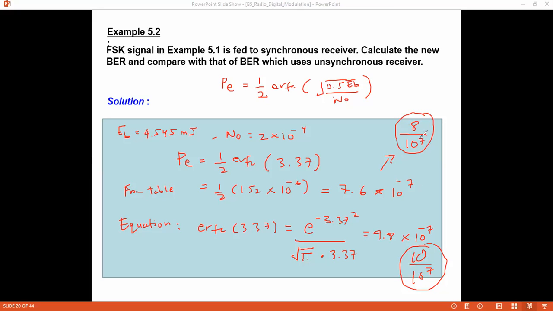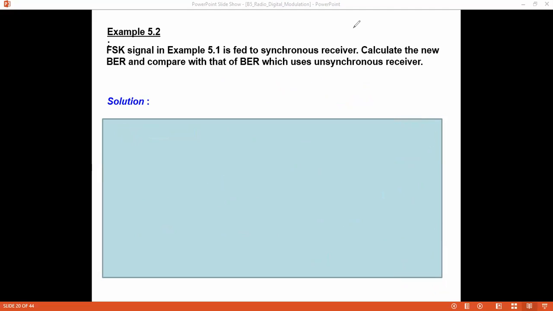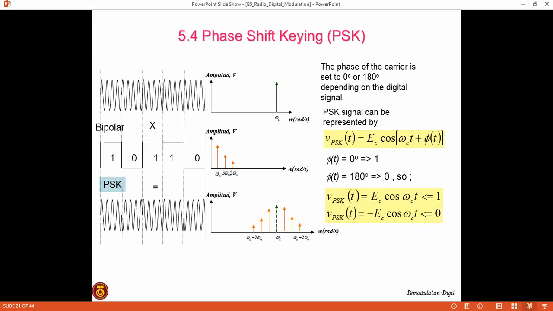There's just a slight difference, 8 and 10. So that's for the synchronous. Okay, I'll stop first.